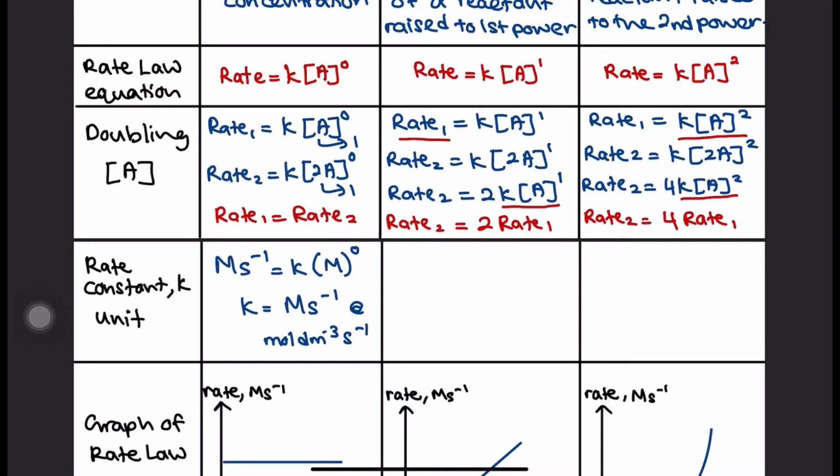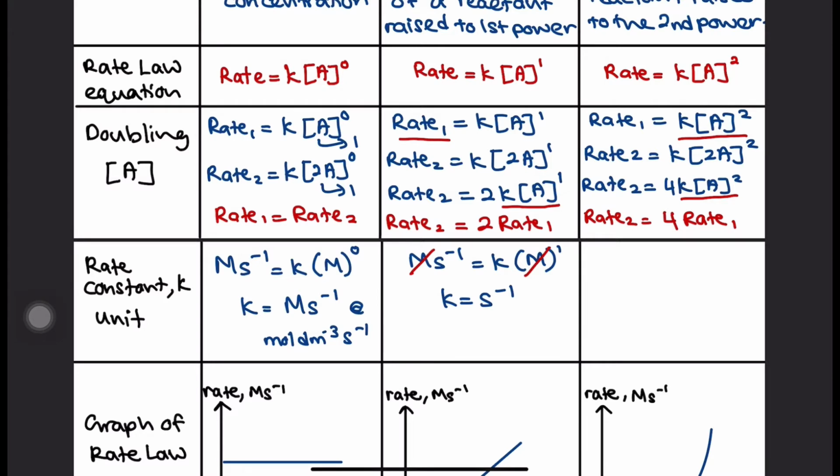Next, for first order, the units would be rate, which is molar per second, equals k multiplied by the unit for concentration, which is molar, raised to the power of 1. Since molar can be cancelled on the left and right, the unit for rate constant for first order reaction would be per time.